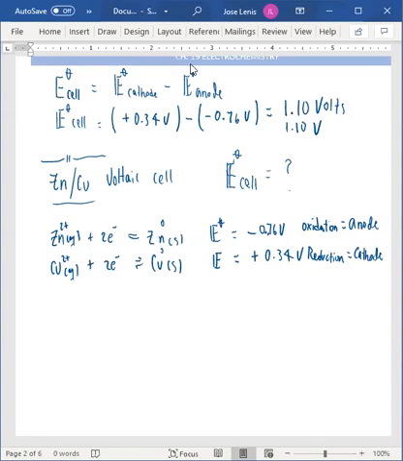So let's reverse that here. It's going to be zinc solid, and it will lose electrons to form zinc 2 plus aqueous plus 2 electrons.